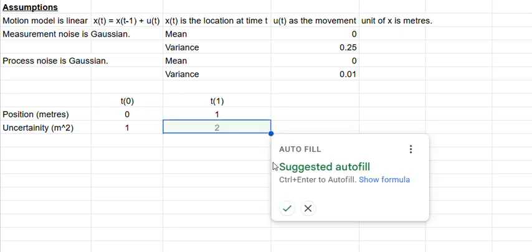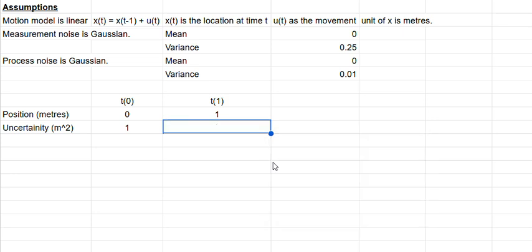Now I'm looking at the uncertainty. Initially the uncertainty was 1. Now I add the variance coming from the noise. Hence we have 1.01 as the uncertainty. It has increased a little bit.